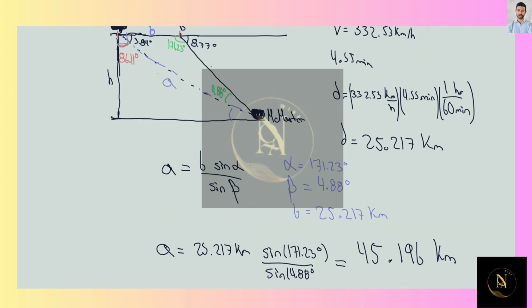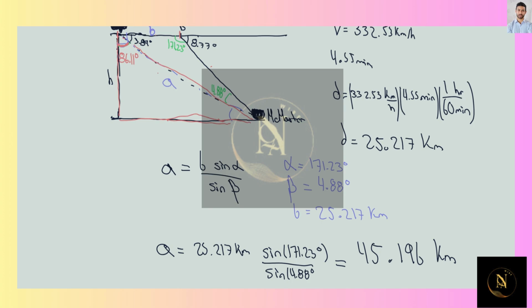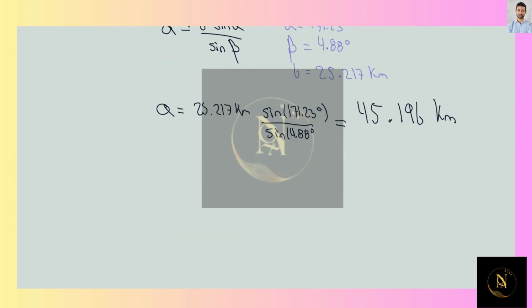And finally, in order to know the height, we can employ another trigonometric relationship, but now with this external triangle that we got. I'm marking it red just to make it clear that we're employing that as reference, and the angle that I'm going to pick is this one, 86.11 degrees. What trigonometric relationship relates the adjacent side, which corresponds to the height, with the hypotenuse? That is going to be the cosine.